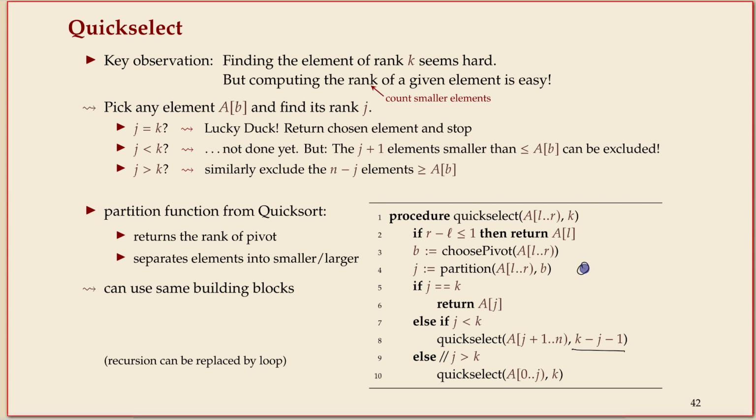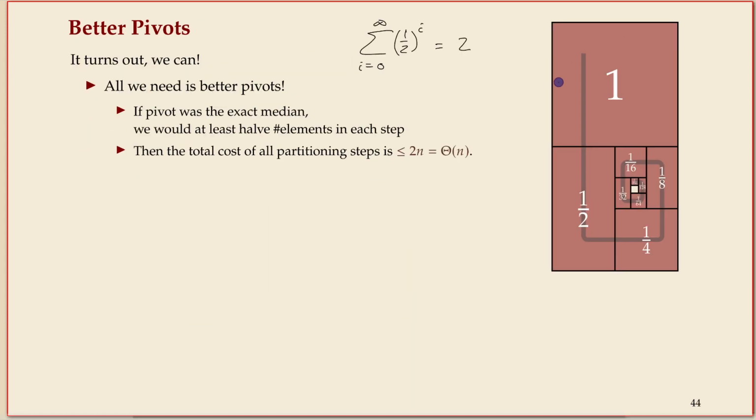The key point was that the partitioning method uses linear cost, linear time. And n here would be the difference between those two. So we pay linear time for doing the partitioning step. That would be the first partitioning call.